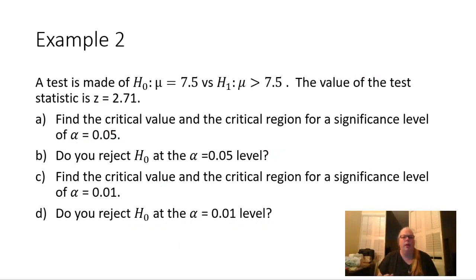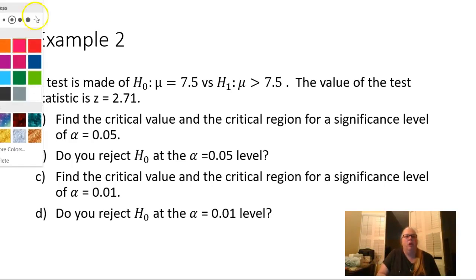Example 2. A test is made of the null hypothesis mu is equal to 7.5 versus the alternate hypothesis mu is greater than 7.5. The value of the test statistic is 2.71. For part A, we're going to find the critical value and the critical region for a significance level of alpha equals 0.05. Let's draw a picture of what's going on here first of all.